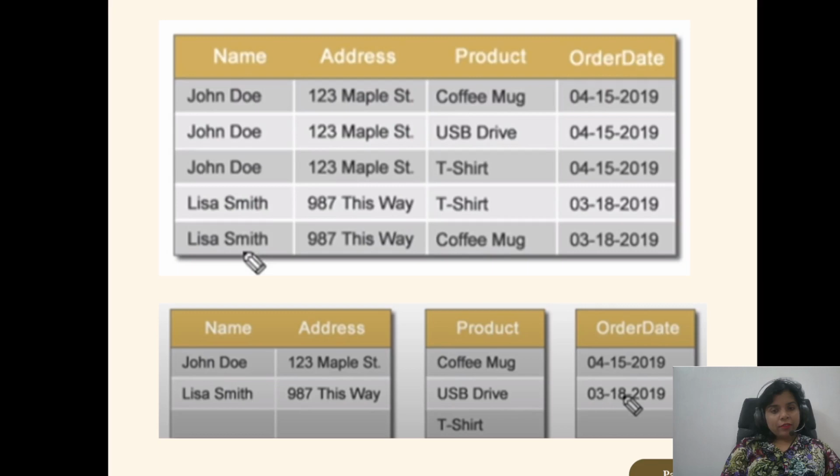After doing this, you can observe that the redundancies are completely eliminated. We have only 2 customers, 3 products, and the order dates are 2, and you cannot see any duplication here.